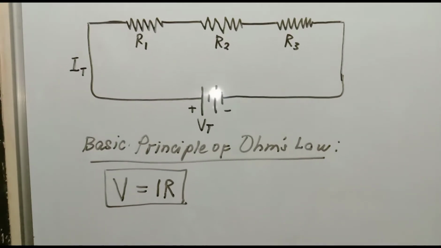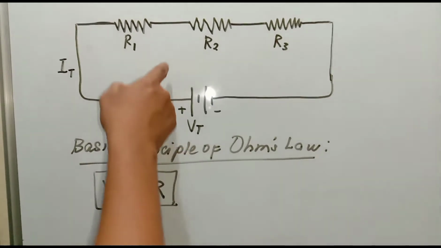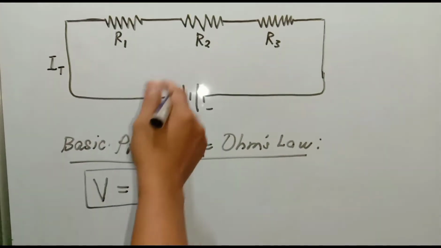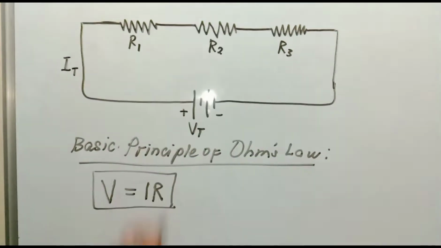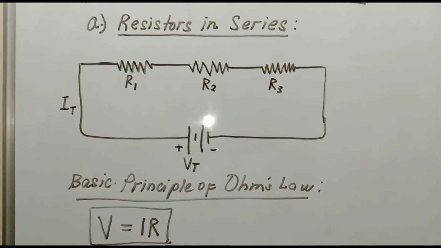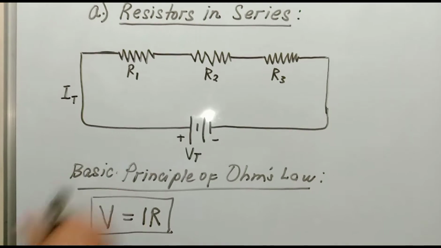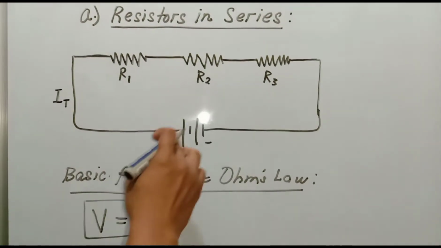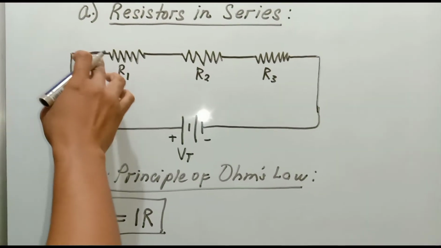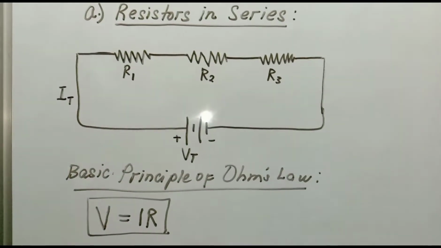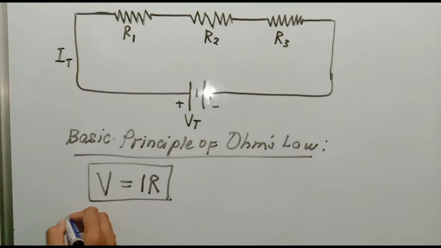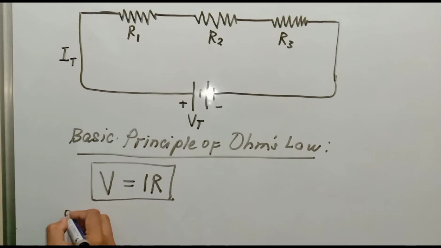For this particular connection, guys, since we are discussing series, the first property is that the current flowing around these elements is constant.